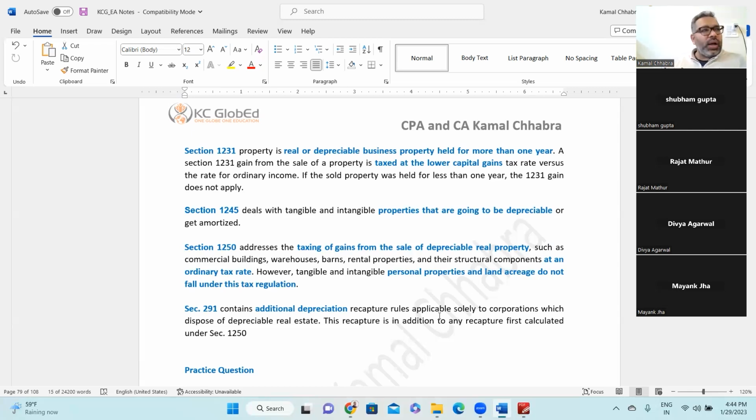If it is your car which you are using for a business purpose, then also it comes under 1231. Make sense? Yes, sir. Any doubt?